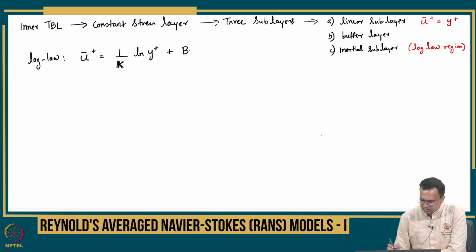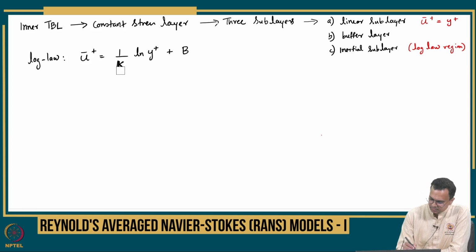Okay, so there are two constants here, kappa and b. So you are essentially representing your velocity in the inertial sublayer as a function of y plus. It's an empirical relation, so you can take the data and fit it. This knowledge has not come from theory. Both u plus equals y plus and the logarithmic zone are coming from the data.